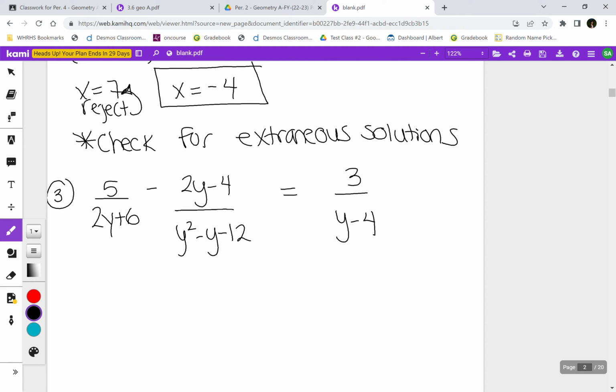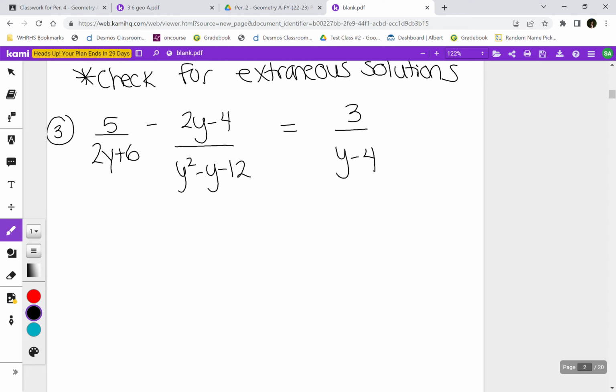Before we decide what would be the common denominator, what am I going to ask you to do to all the denominators? Factor, exactly. We're going to factor all of the denominators. So in the first fraction, can I pull out a 2? So we're 2 times the quantity of y plus 3. In the second denominator, can I factor this?